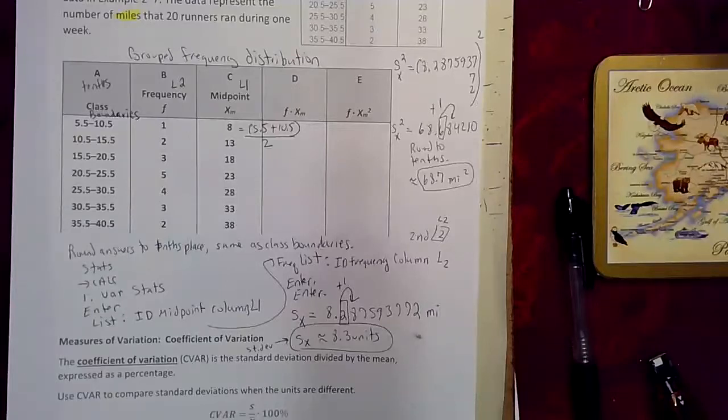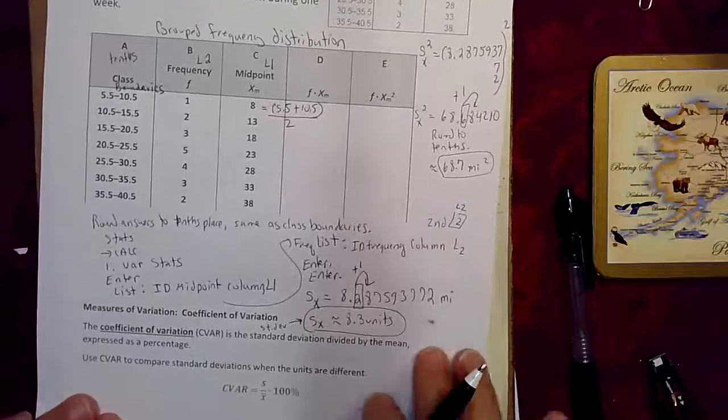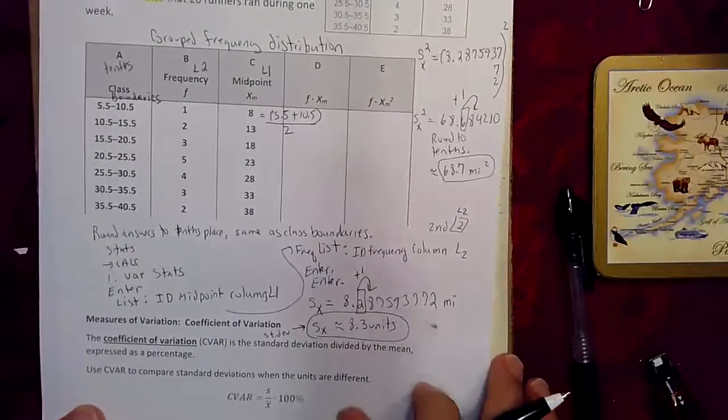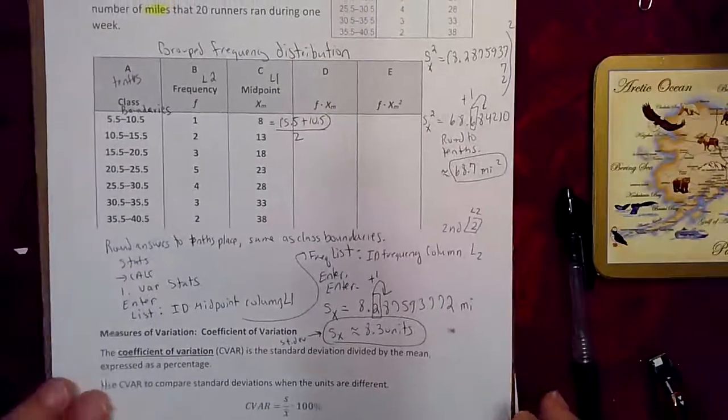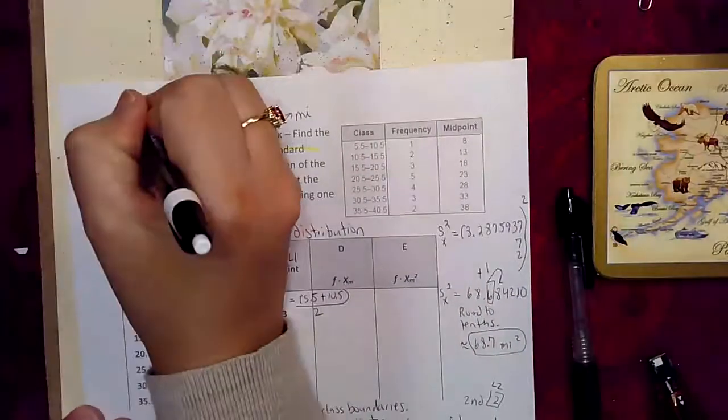Can it be concluded these are consistent, and you would say no, because we don't have values that are close to 0. So somewhere I want to write that down for this problem.